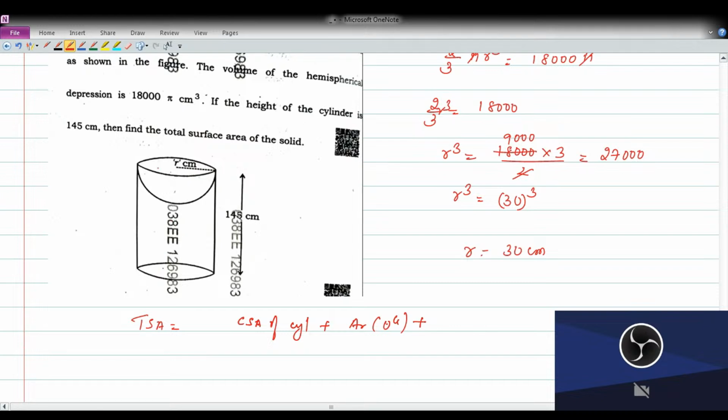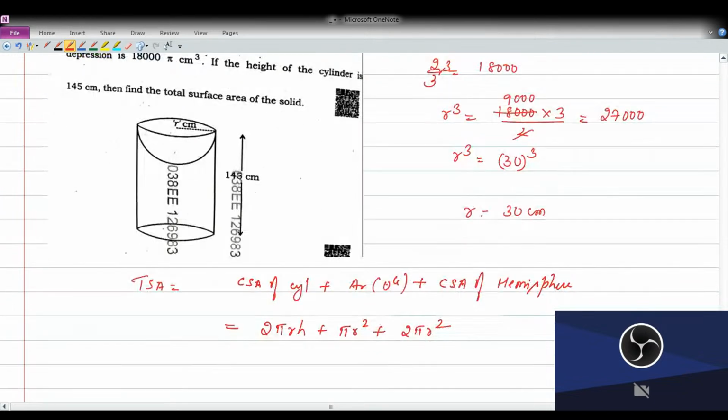CSA of cylinder is 2 pi r h, area of circle is pi r square, CSA of hemisphere is 2 pi r square. So this is equal to 2 pi r h plus 3 pi r square.